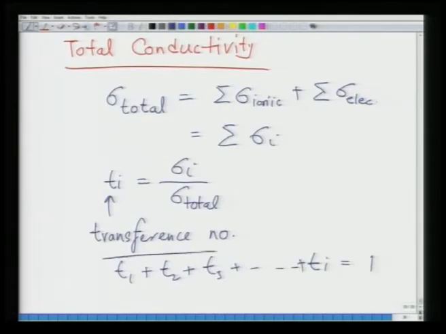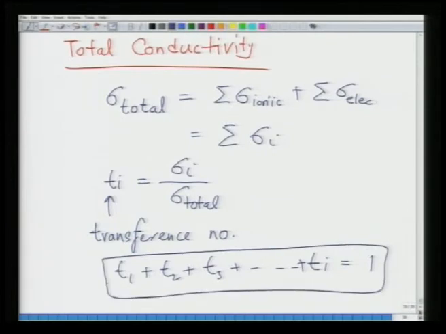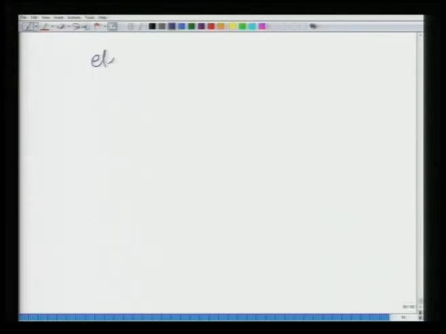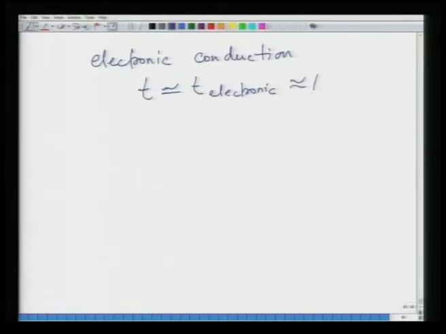Okay. So, naturally in case of electronic conduction, t is almost equal to t electronic, and this will be equal to 1.